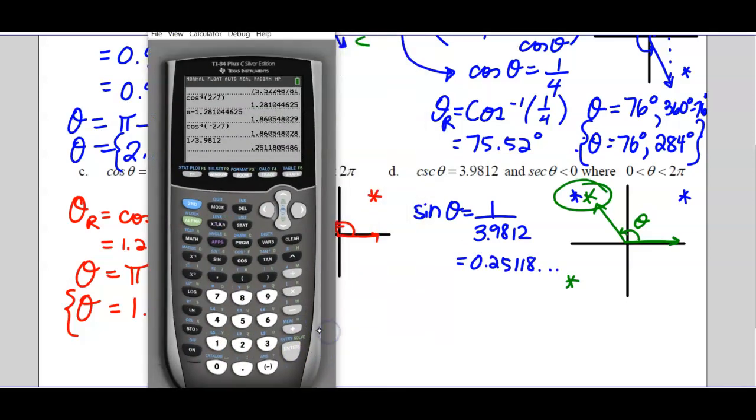Just leave it in your calculator. And so then theta reference will be inverse sine of 0.2518. So it's in my calculator, second sine of that answer.